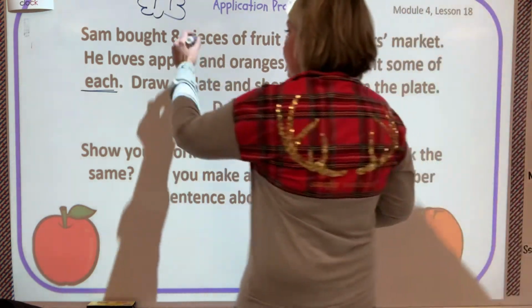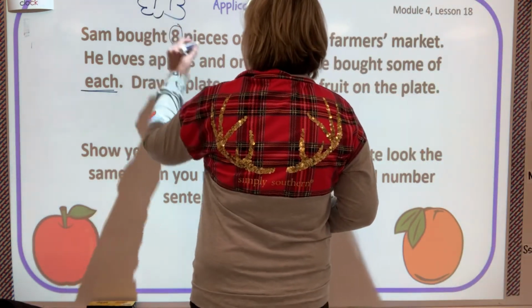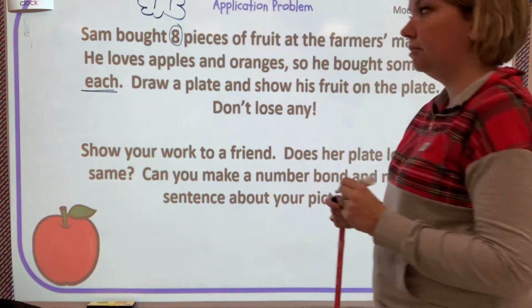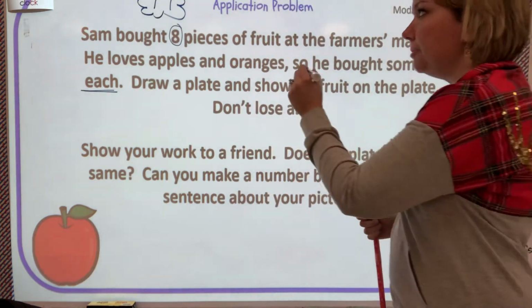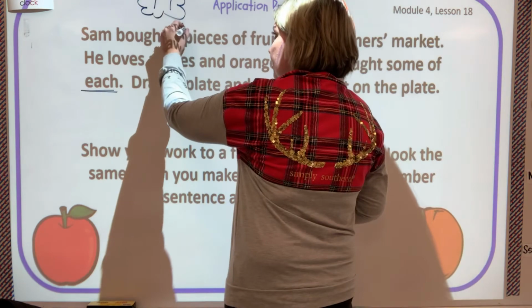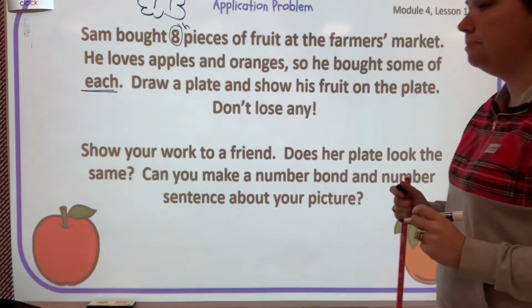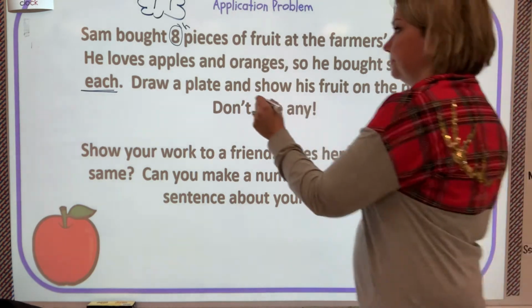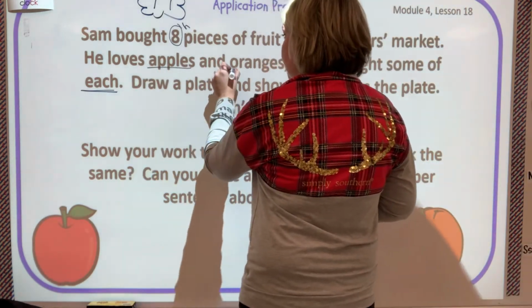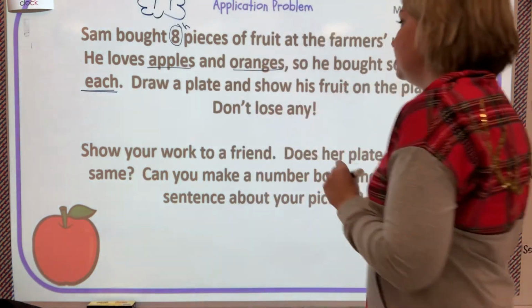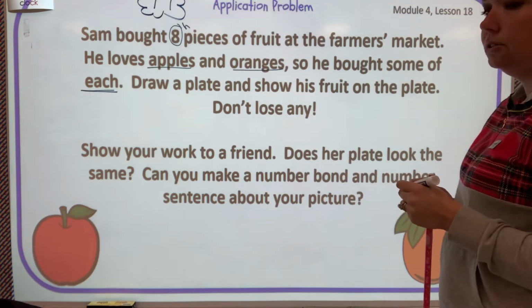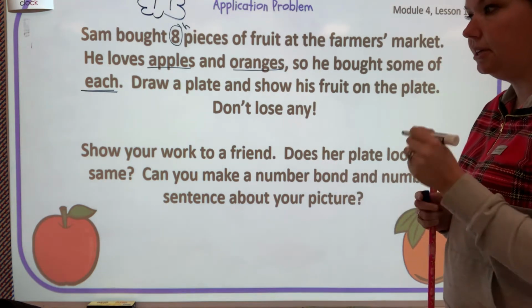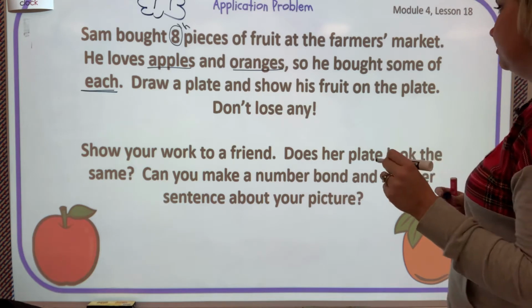I do. He bought 8 pieces of fruit. So that's probably my whole, right? 8 pieces of fruit. He loves apples and oranges. So he bought some of each. So I know he bought some apples and I know he bought some oranges.